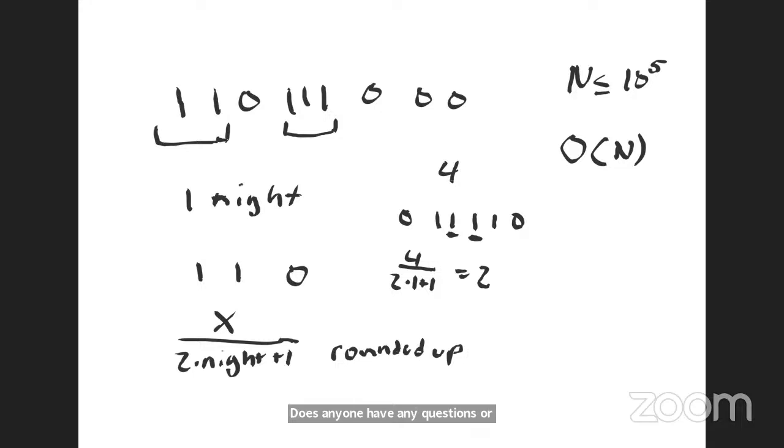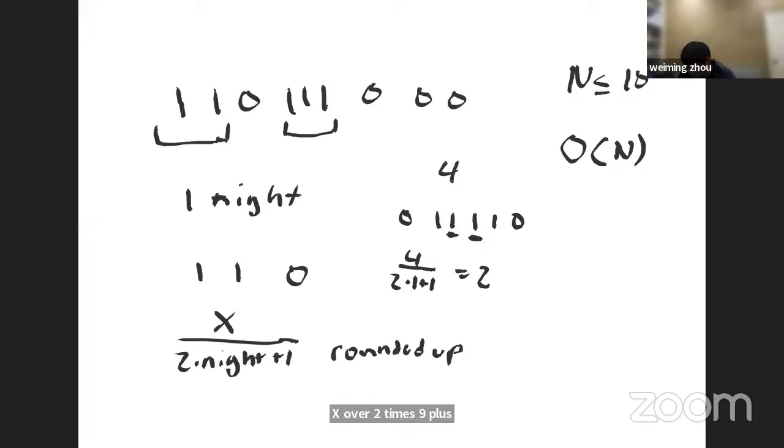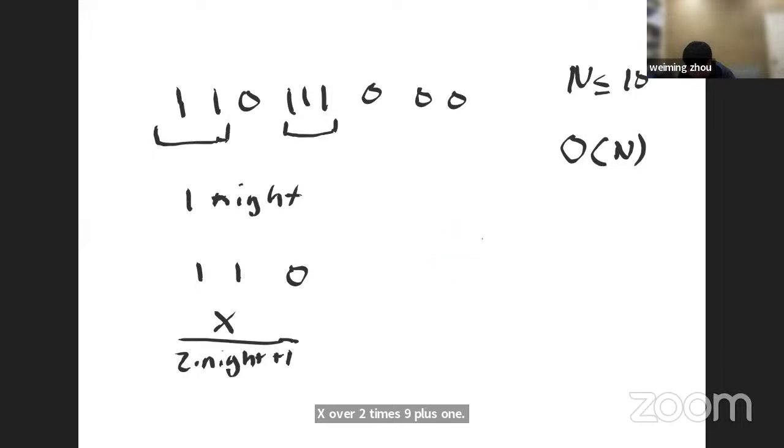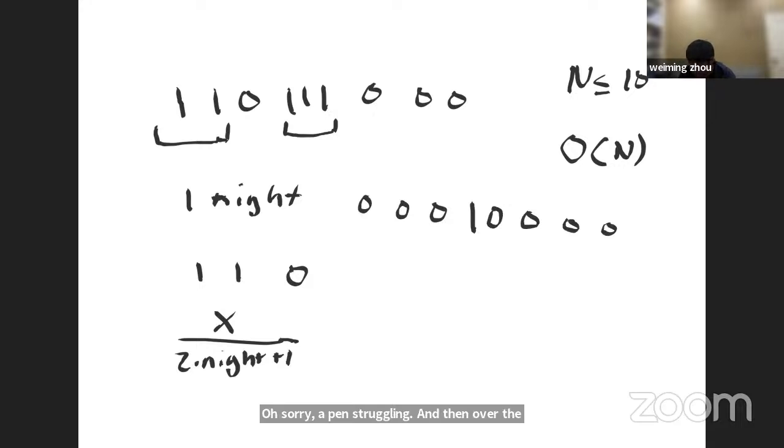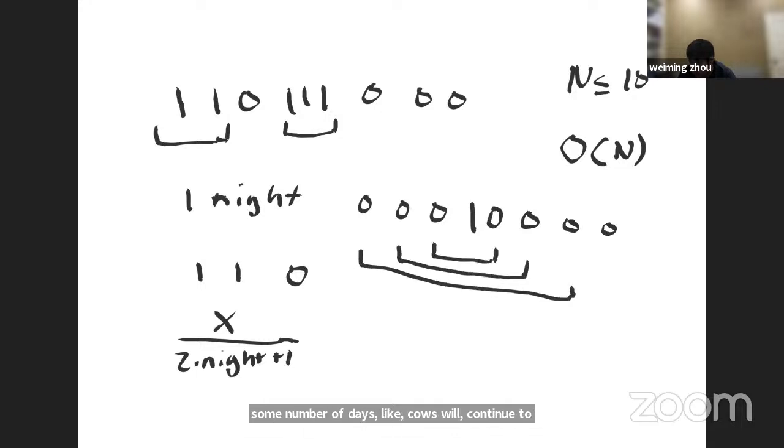Yeah, wait, so what was the intuitive thought process to get x over 2 times n plus 1? Oh, sure. If you let me erase a little bit. If we think about placing a cow in the center, and then over the course of some number of days, the cows will continue to grow outwards, or like how this cow makes the cows next to it sick continues to grow outwards.